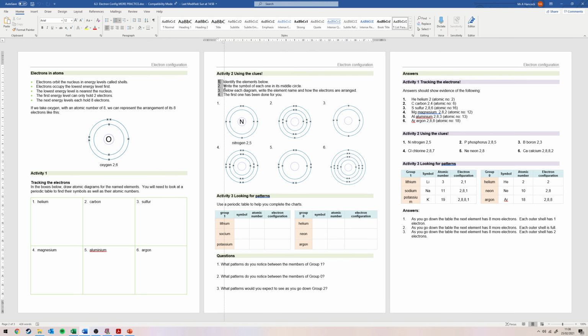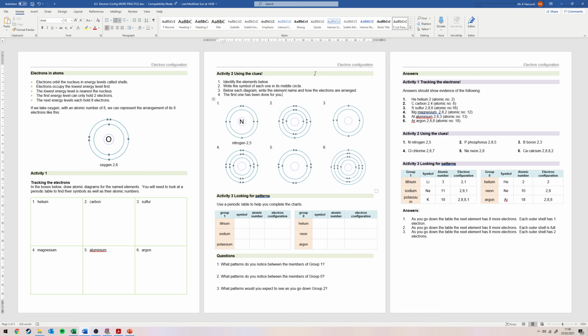What you can do is, if you're really struggling, you can look at the atom and see if you can identify which element it is. Now, for example, here I know this has got 1, 2, 3, 4, 1, 2, 3, 4, 5 electrons. So, which atom would have 5 electrons? Okay.